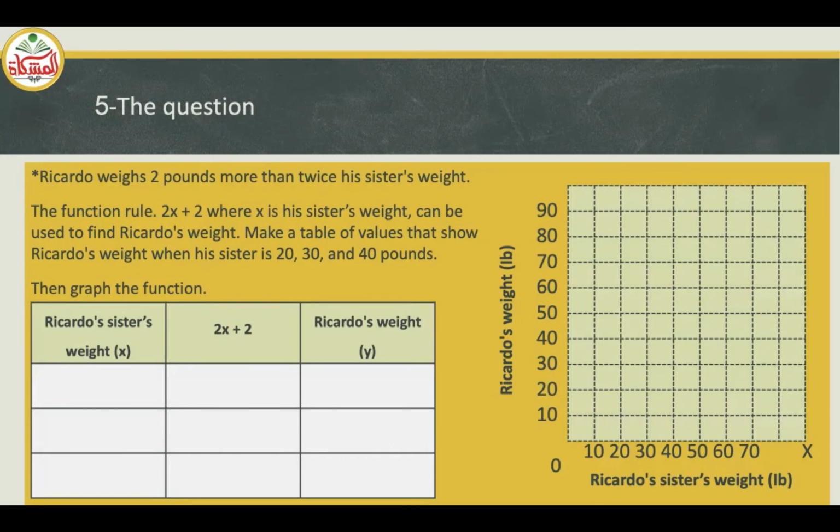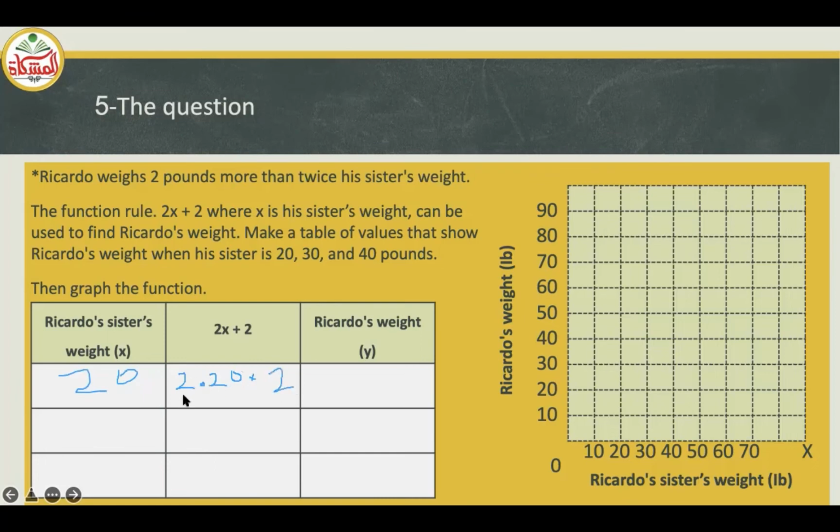Okay, we now have 2x plus 2. Okay, we use 20 here, and here 2 multiplied by 20 plus 2.